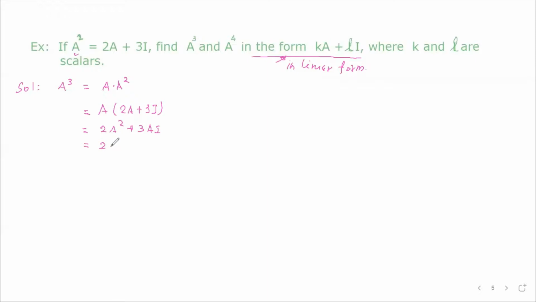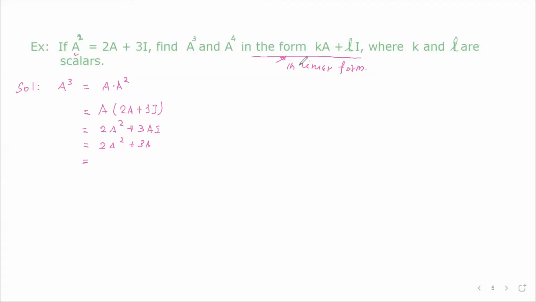So this becomes 2A square plus AI, meaning A, so it becomes 3A. Okay, so we have 2A square, and AI is A, right? Now it becomes 3A.